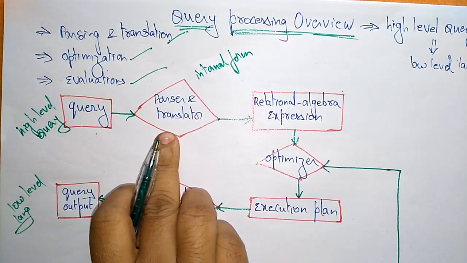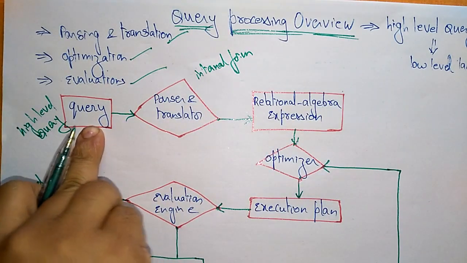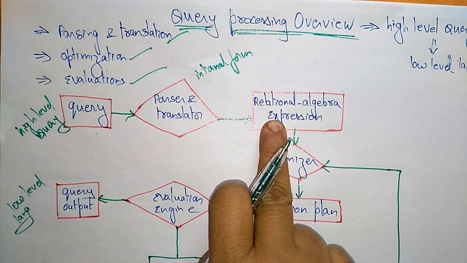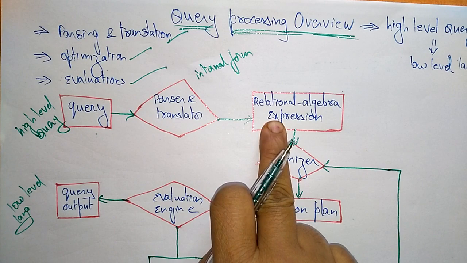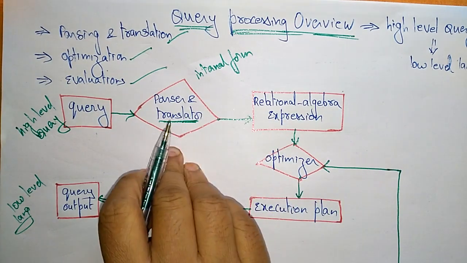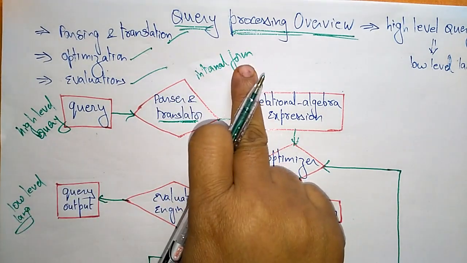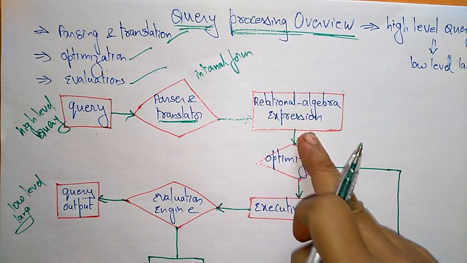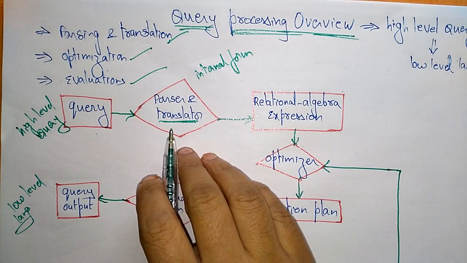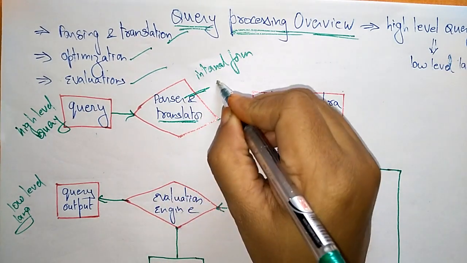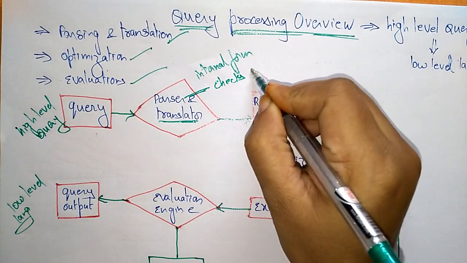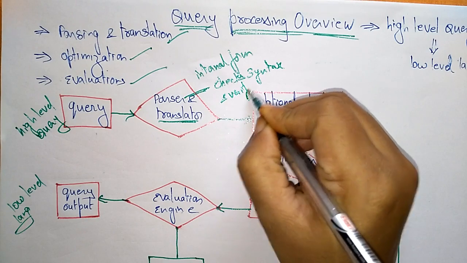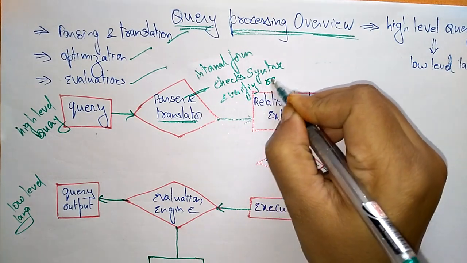First it translates whatever query we have given into internal form, and then translates it into a relational algebraic expression. The translator first converts the query into internal form and translates it to that relational algebraic expression, whereas the parser checks the syntax and verifies the relation.